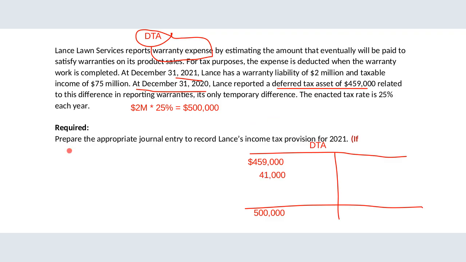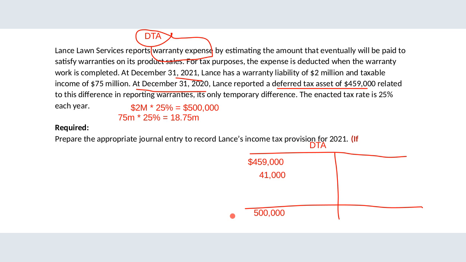And so then we need to calculate our income tax payable. We're told that taxable income is 75 million. So 75 million multiplied by 25% is going to be 18.75 million. So our adjusting entry, our income tax expense, we'll leave it blank.